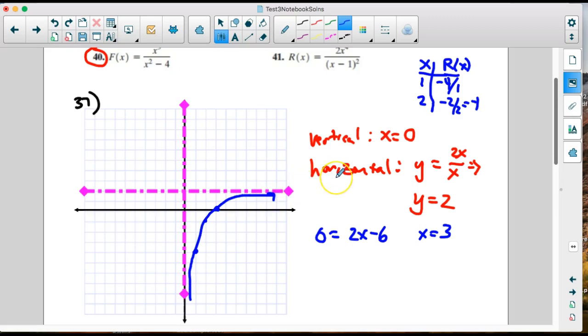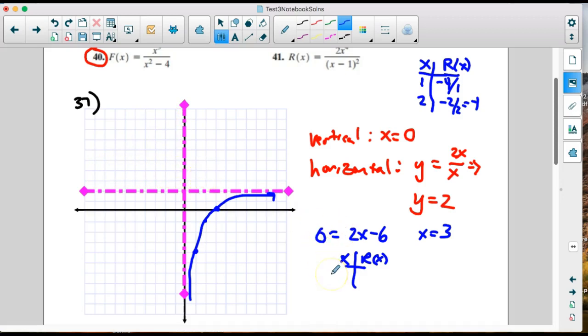Okay, now I would also put in a few points on this side to see what happens. So we're going to do a few points over here. I think it's going to be up here. From my experience, since this is not an even powered one, it's going to actually look like this.